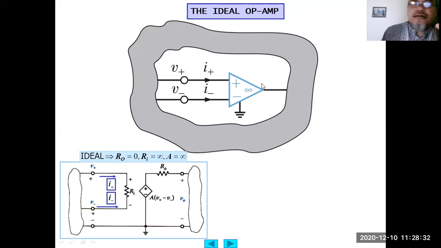Ideally, the output resistance or output impedance Ro should be 0. So no resistance here. In the model there is a resistance, but ideally it should be 0.